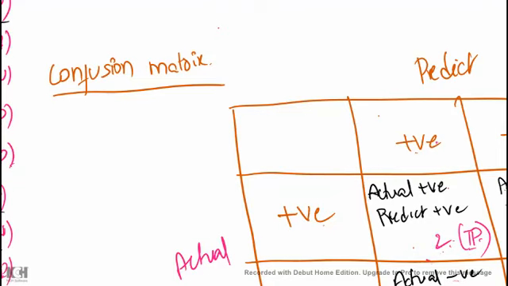This is the formula for recall of negative. They are formulas. The concept is, out of actual, how many you have done correctly. That is the concept. Is that clear?